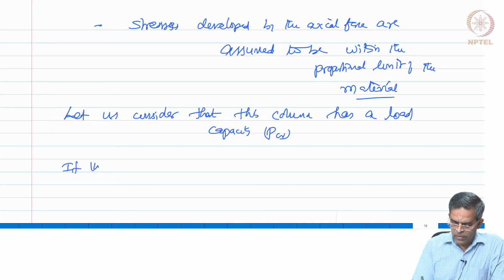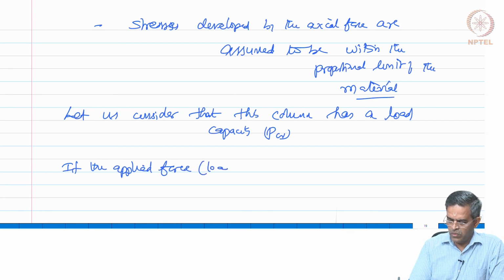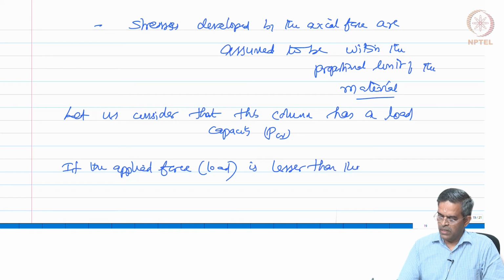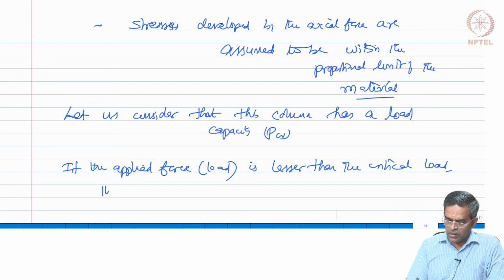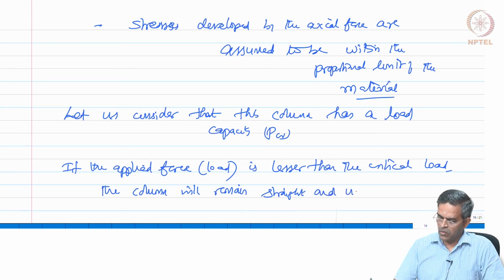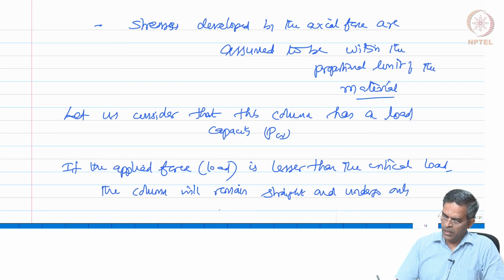If the applied force or the applied load is lesser than the critical value, the column will continue to remain straight and undergo only axial compression.